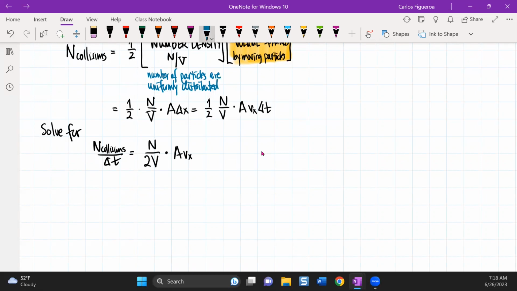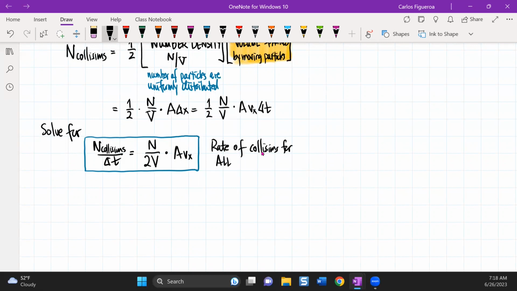So now what I'm seeing here is this guy here. And so now this is the rate. I just said the right wall, but this is the rate of collisions for all the walls of the container. It's not just for the right.